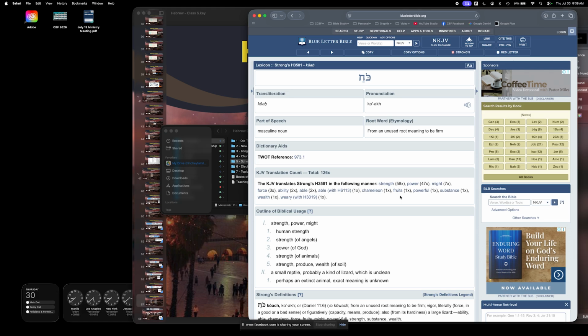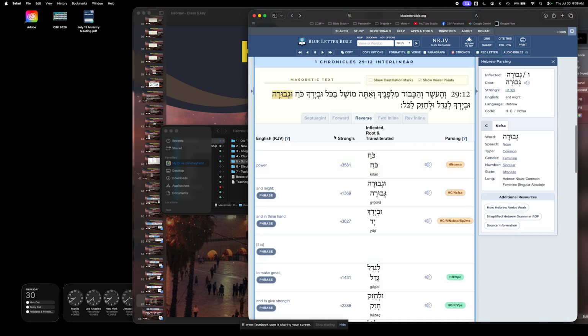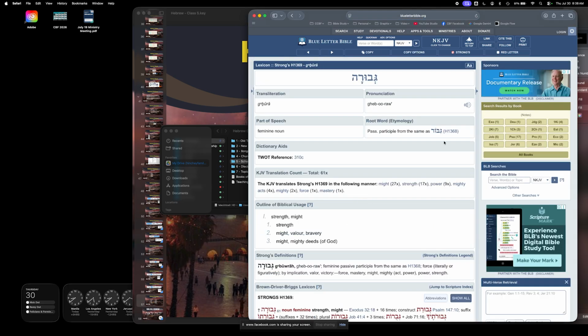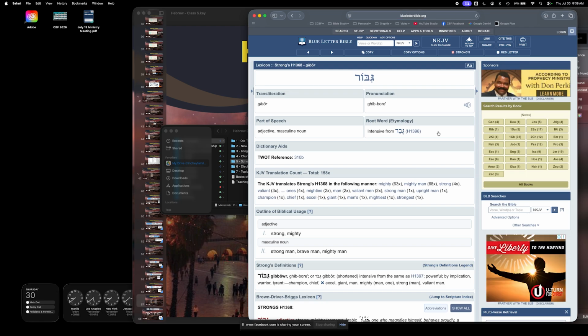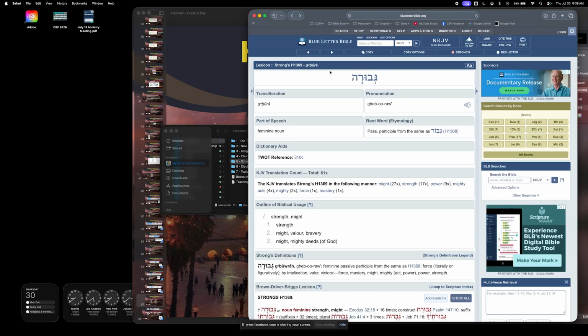Why two different words with almost identical meanings? Worthy question. Why are we using redundant words? Let's look again at gevurah. Notice that we do have a root word. Might be worth checking that out. It just again means strong or mighty, valiant. So there's a nuance here. One that, by the way, I would encourage further depth into.